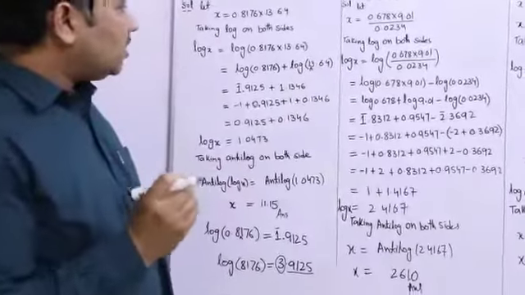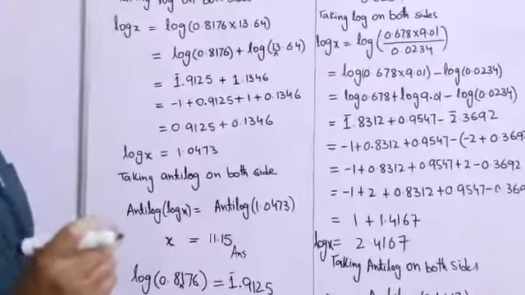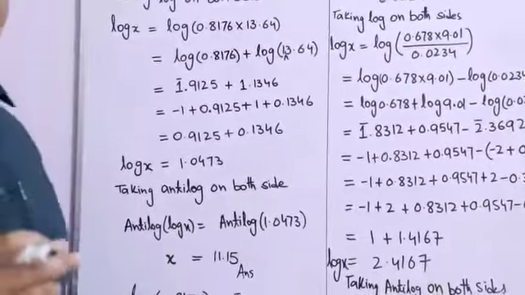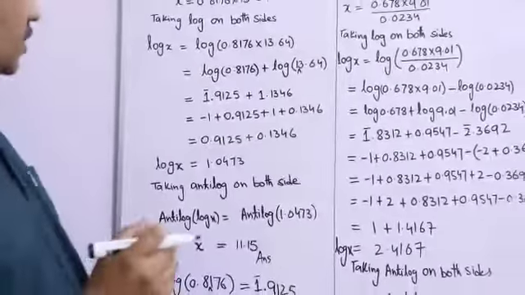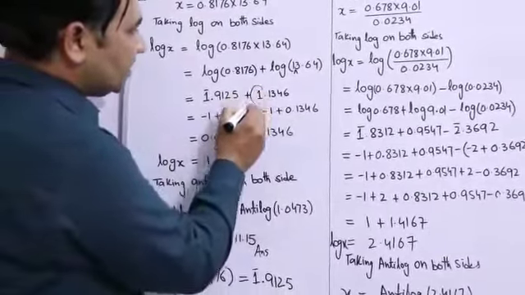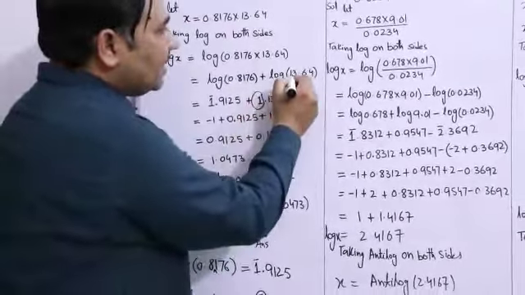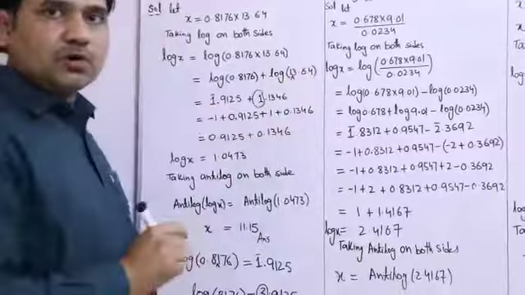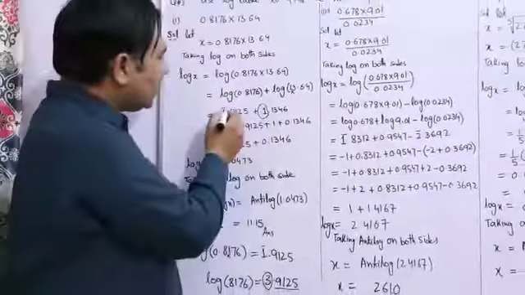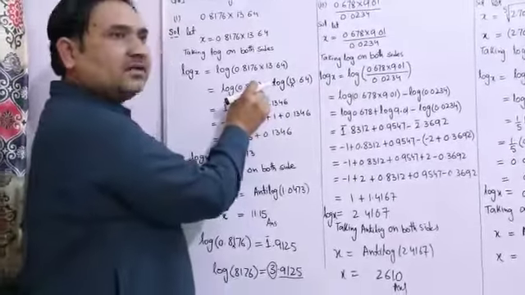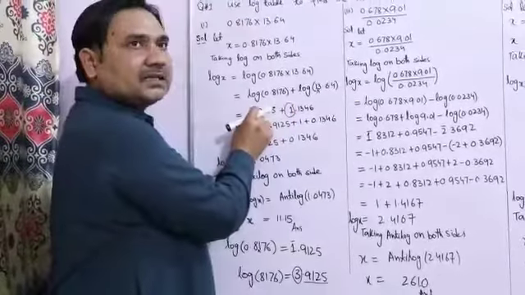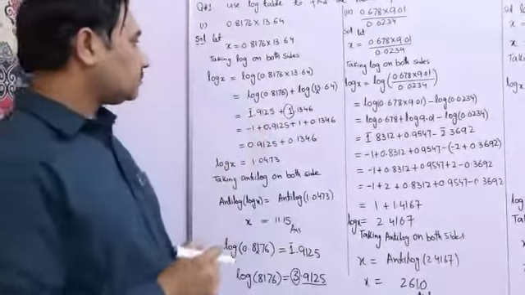There is only one digit between the decimal point and the reference position, so our characteristic is 1. Since this number is greater than 1, we take a positive characteristic. If this number was less than 1, we would take the characteristic as negative.